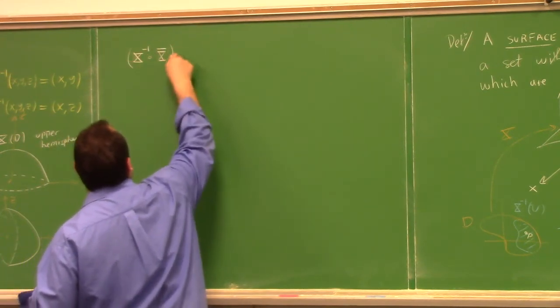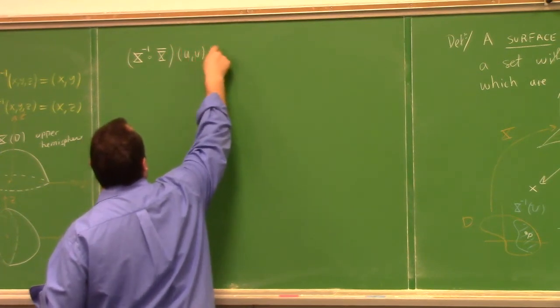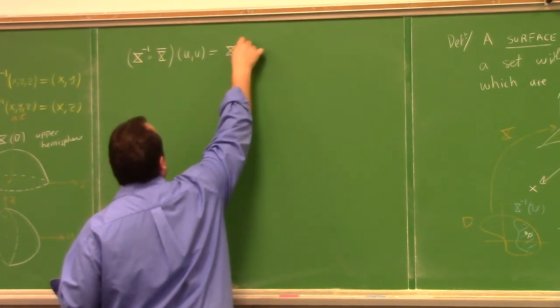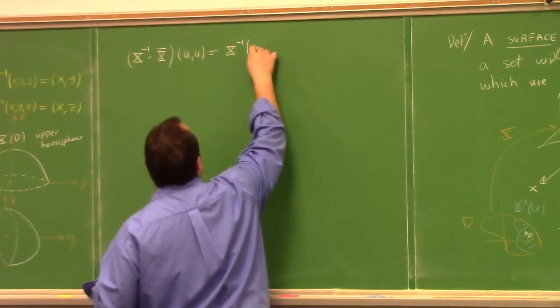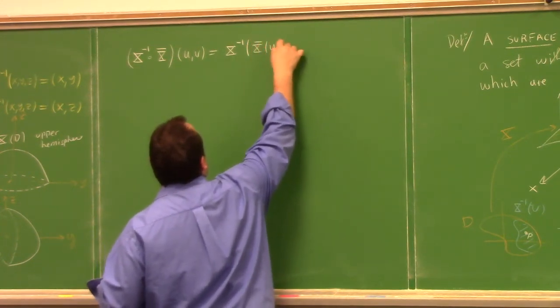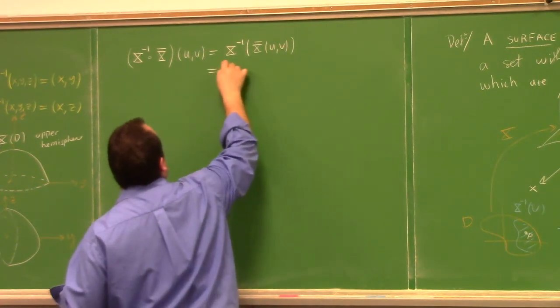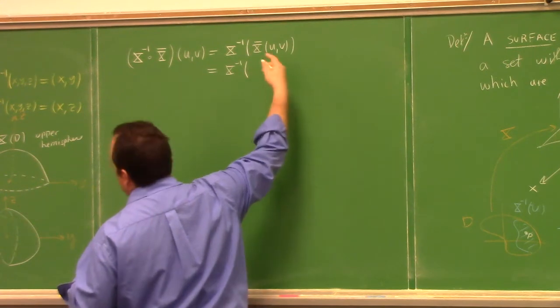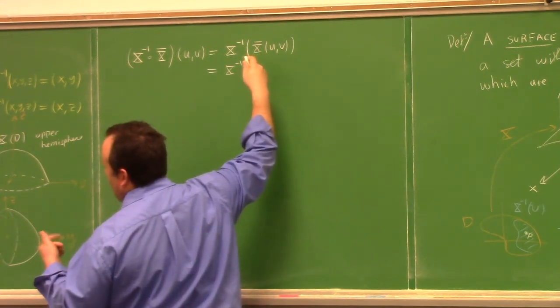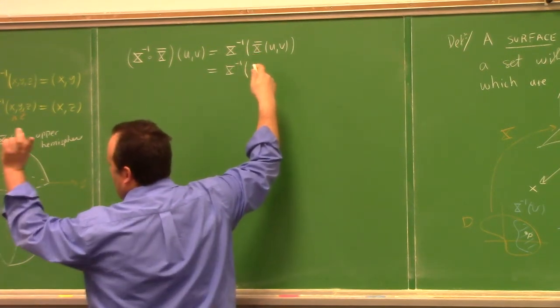All right, so we're going to feed that uv. So we get x inverse of x bar of uv. What's x bar of uv? Yeah, but x bar of uv, we defined it over there. It's u bar.